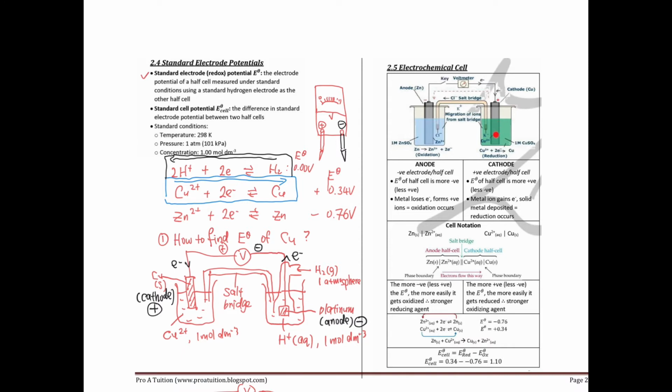So the electrode is getting thicker over here, and the blue color copper 2 sulfate is fading. That means the blue color gets lighter and lighter. So the color is fading. That is the observation.